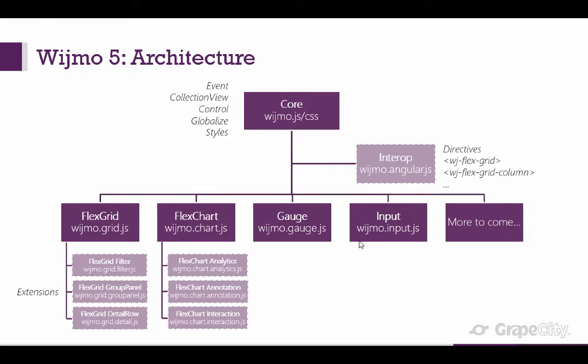The Wijmo 5 architecture is as follows. We have our core, and that contains an event model, CollectionView, base control, globalization, and some styles.